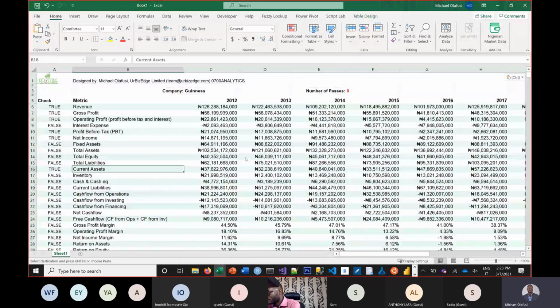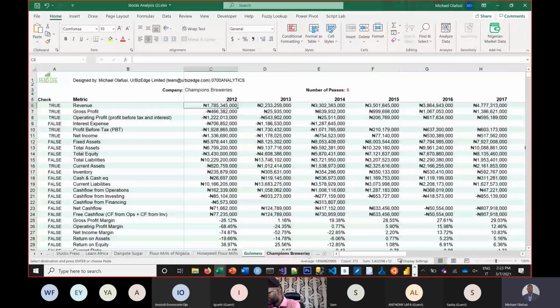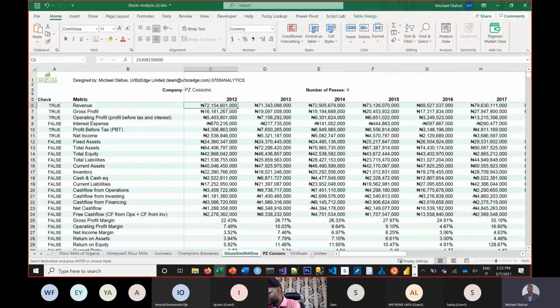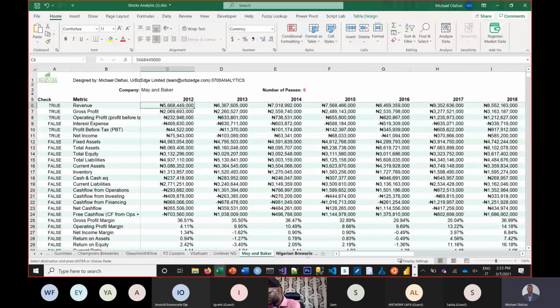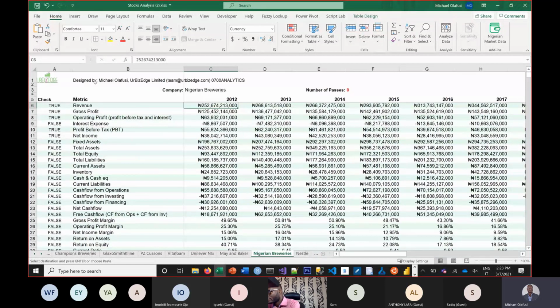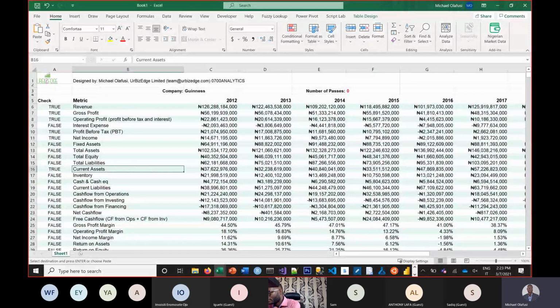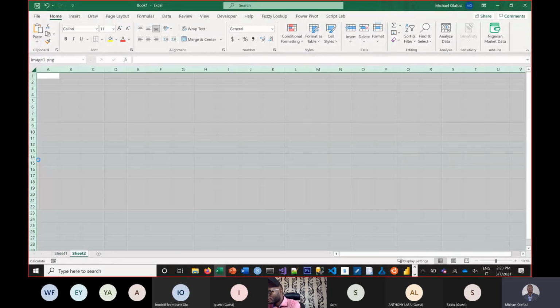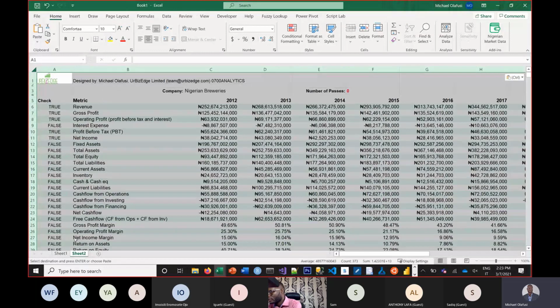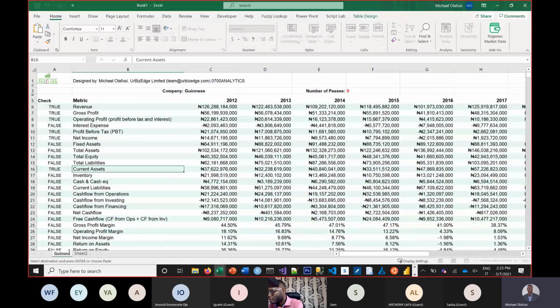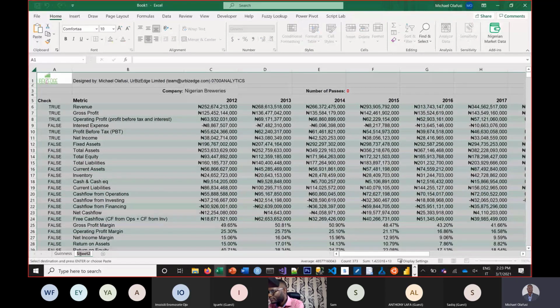Okay, so let me go grab Nigerian Breweries. So this is Nigerian Breweries. I'm going to do likewise. Grab the data, paste. Okay, so that I won't make a mistake. Guinness, did I spell this right? Guinness has 2 N's. And NB, Nigerian Breweries. Okay.